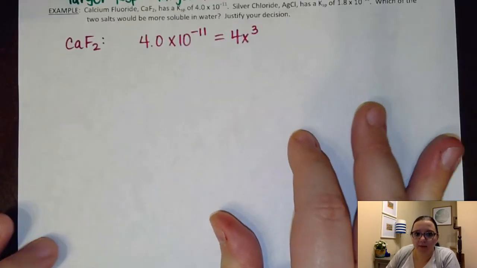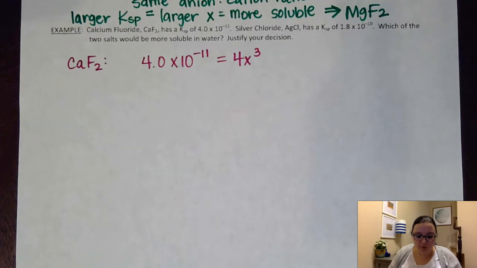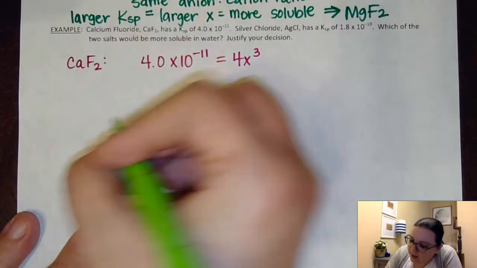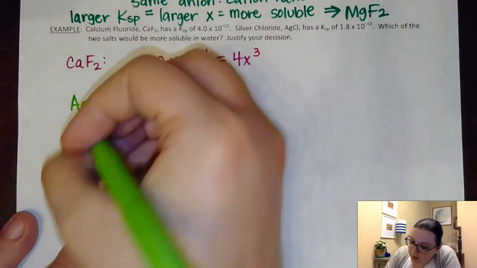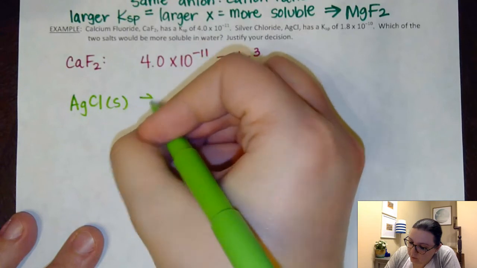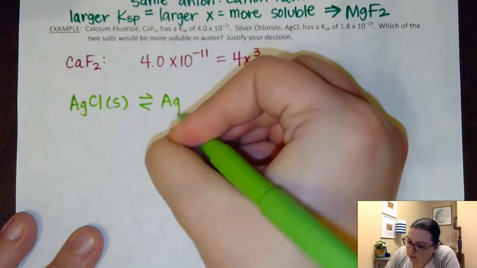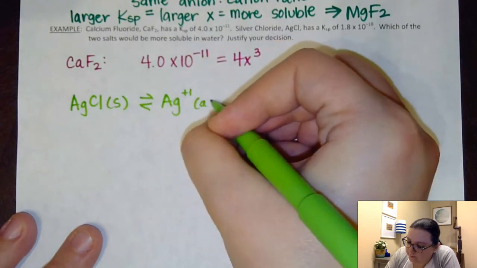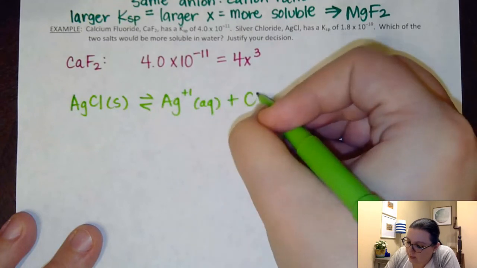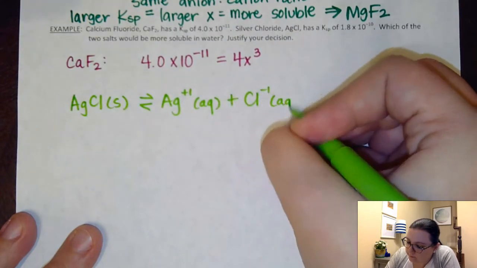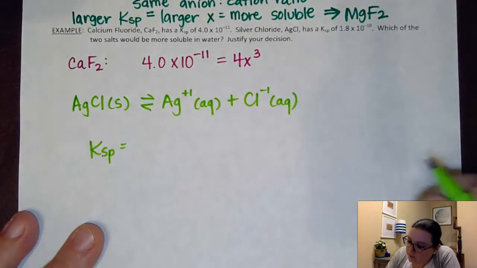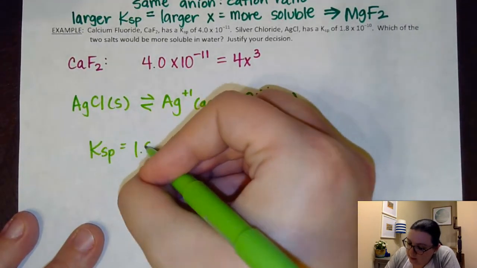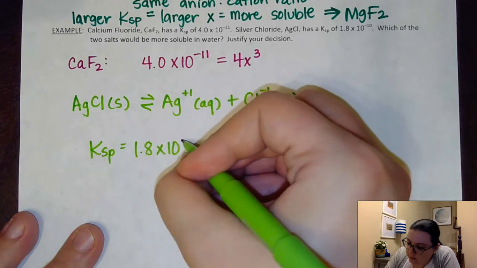But I am going to set this up for silver chloride. So I've got AgCl. It would start off as a solid, going back and forth between Ag plus 1 and Cl negative 1. And they gave me a KSP for that of 1.8 times 10 to the negative 10th.